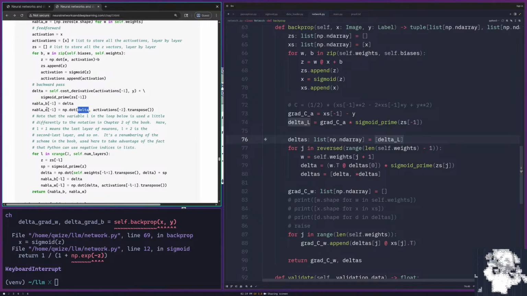The last nabla W will start with delta L times the activations from 2 before, which actually means the before last activations, because -1 would be the last one. So when J is at the end of the list of weights, there's still going to be 1 activation left.